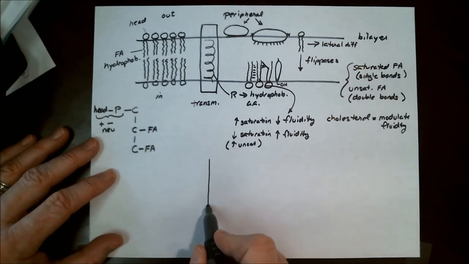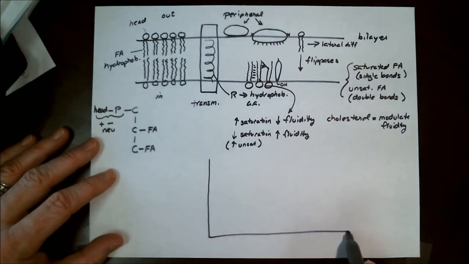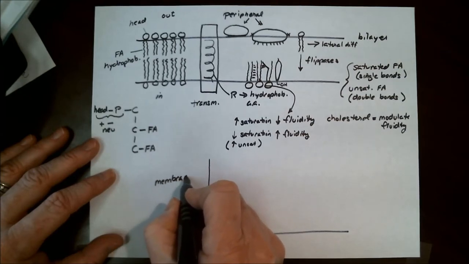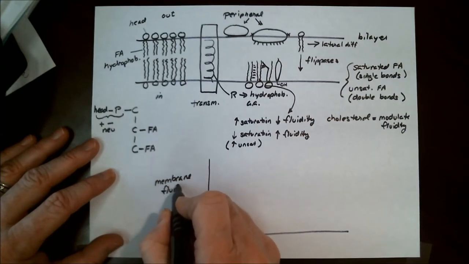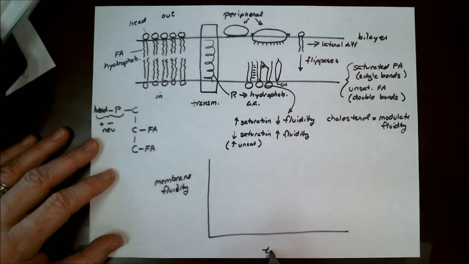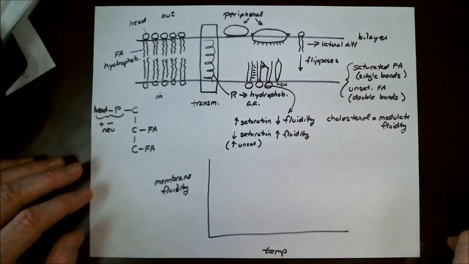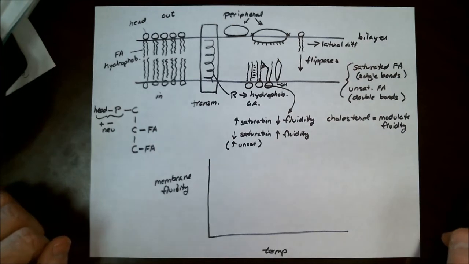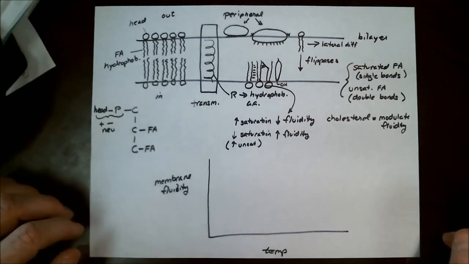Now, what does this look like if we draw a graph of membrane fluidity that we're measuring versus temperature? Now, we know that temperature will act as the energy source to disrupt bonds.